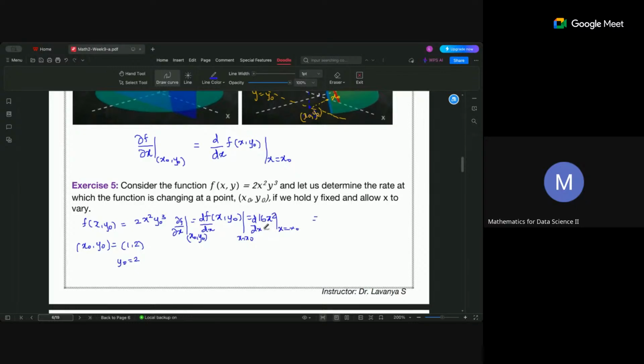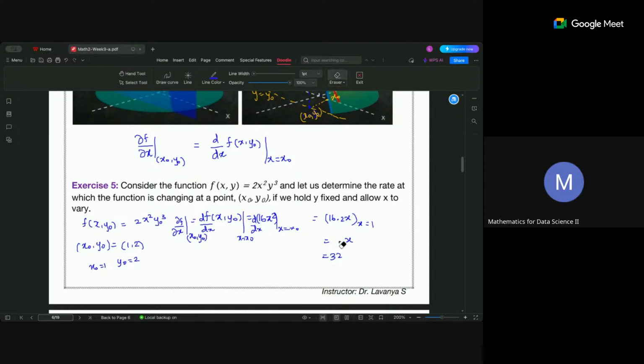So now what is the derivative of this with respect to x? 16 times 2x, that is 32x, at x equal to 1 because x naught is 1 here, right? So 32x is exactly 32. Okay, do you understand? The same definition, I have just applied it for the specific function and the specific point. Is it clear?